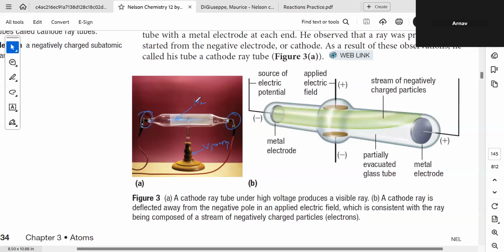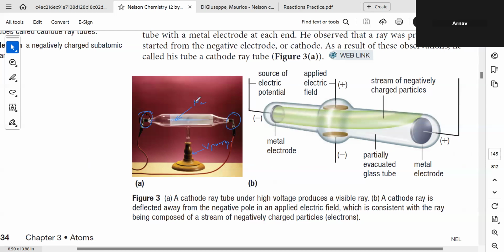To manipulate that, he used a pressure gauge to adjust the pressure. I called it a vacuum pump, but let us say it's a pressure gauge to adjust the pressure.